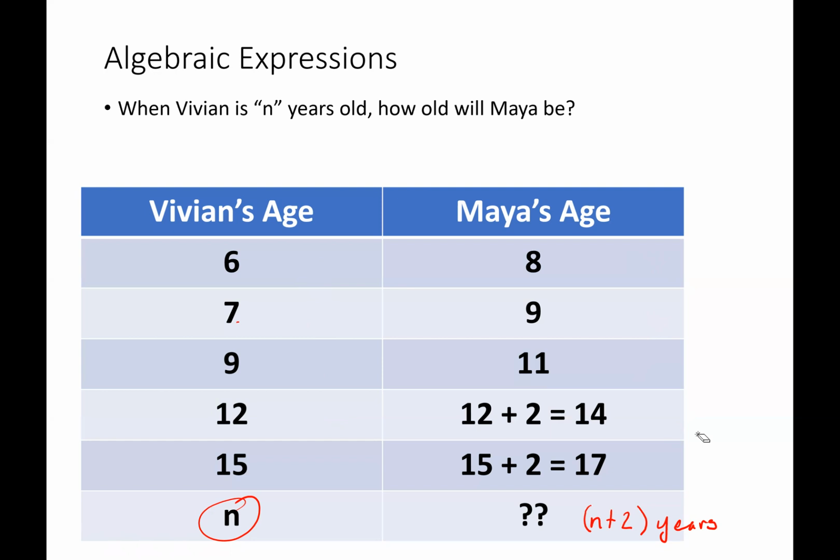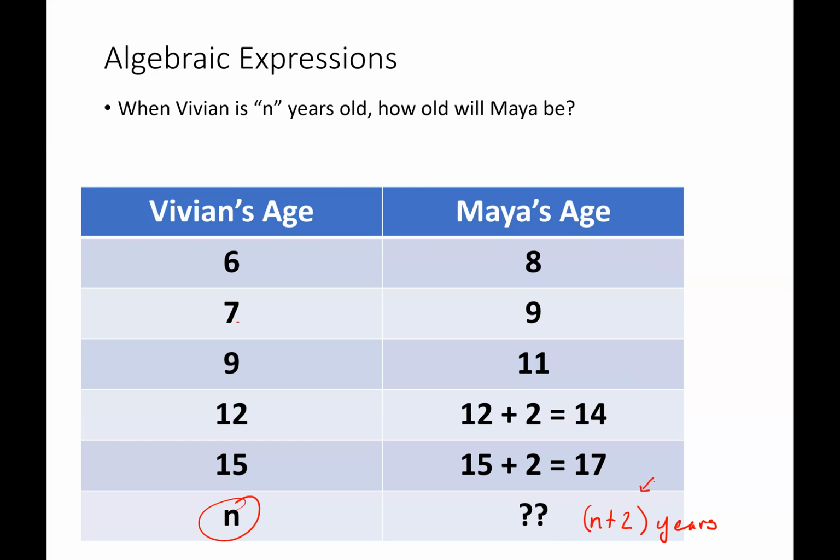Now, if we said Maya's age now is, actually we do know Maya's age and she's 20, how old would Vivian be? It'd be 18. Yeah, Vivian would be 18, but we don't have that information. So we just have to say Vivian is N years old, or Maya is N plus 2. This is called an algebraic expression.